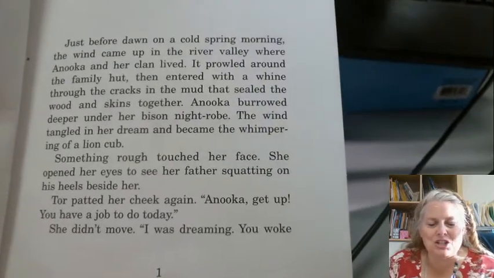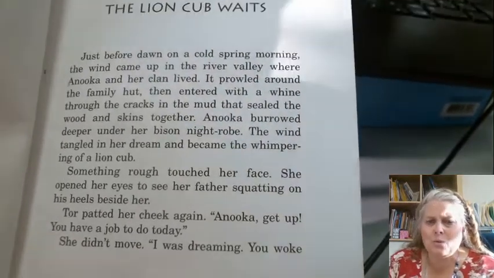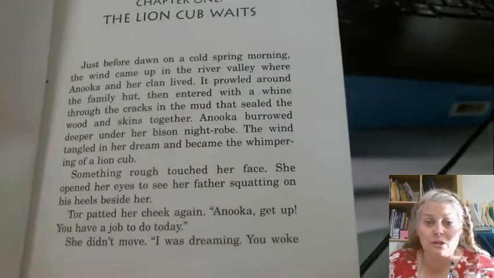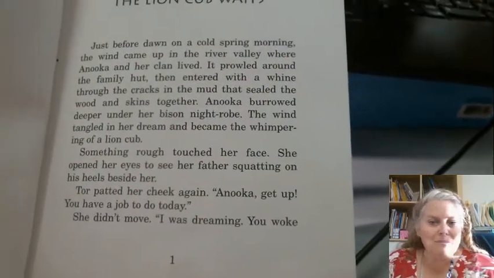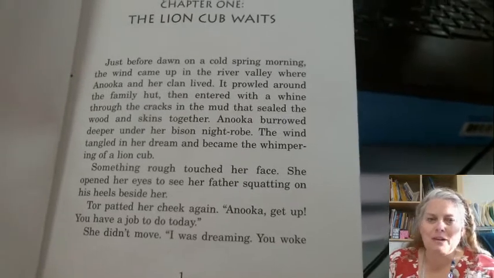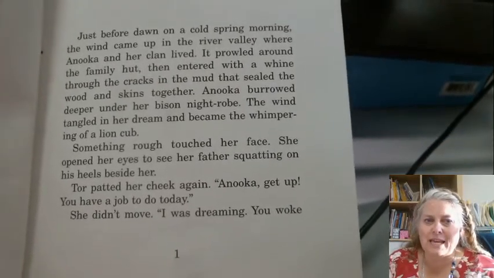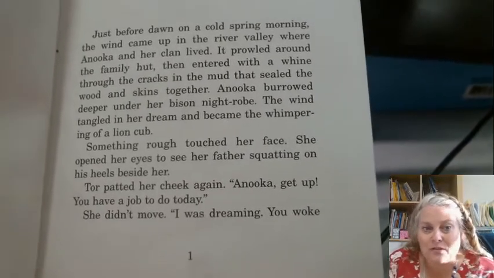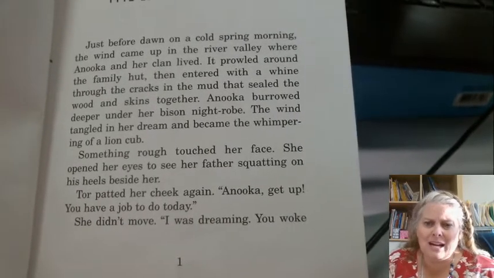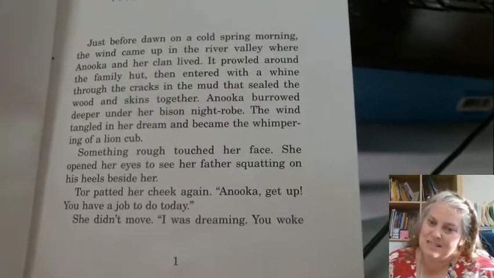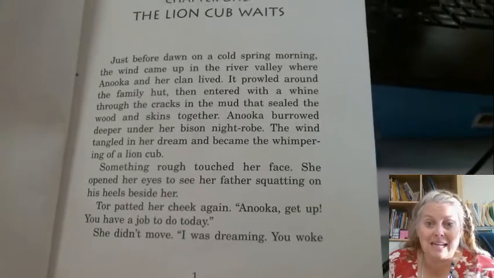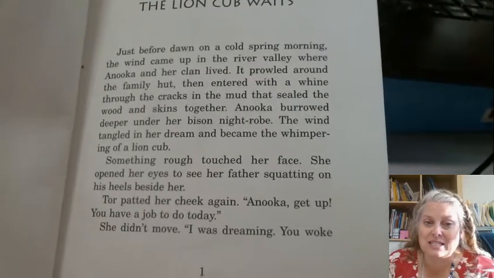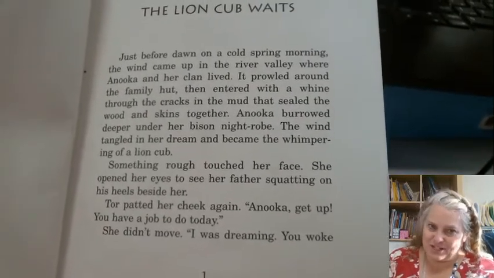I want you to pay attention to the language that she uses. She's really good at using figurative language and great word choice. It makes all the difference in your writing. For instance, when she talked about the wind prowling around the family hut and entering with a whine. Wind's not a human person, but she gave it person-like characteristics, which we call personification.